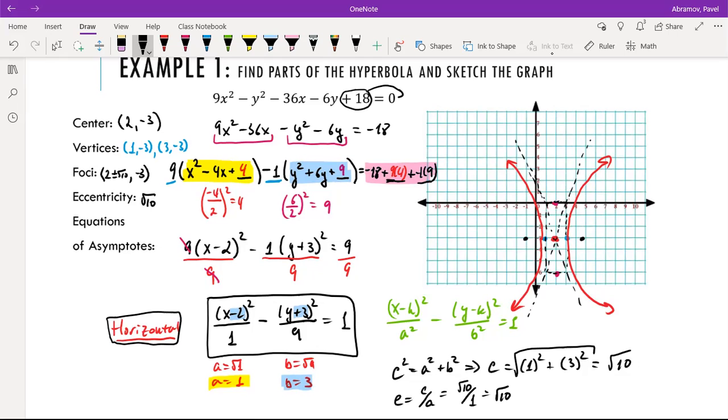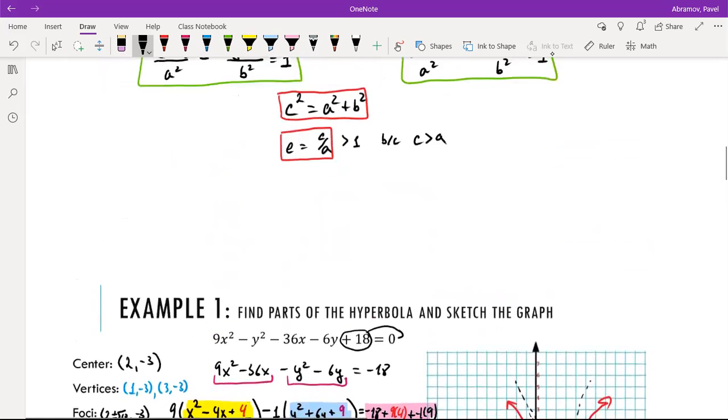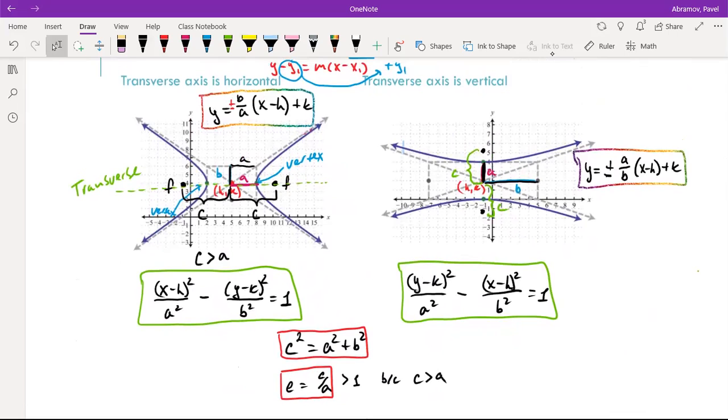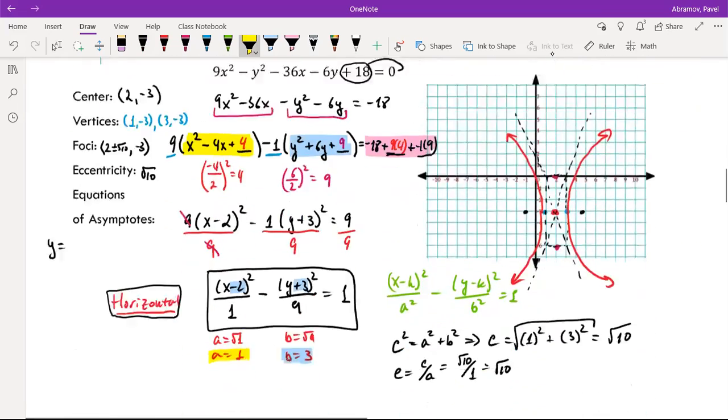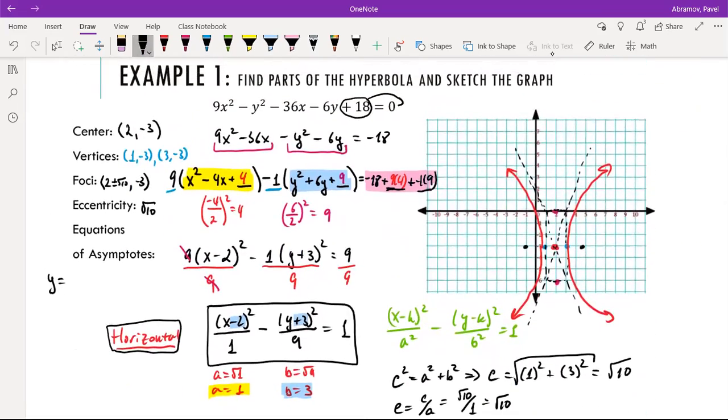And finally, our equations of the asymptotes: y equals. This is a horizontal hyperbola, which means that our slope is plus or minus b over a. So b is 3 over a is 1. So plus or minus 3 over 1 times (x minus h), which is 2, plus k, which is negative 3.